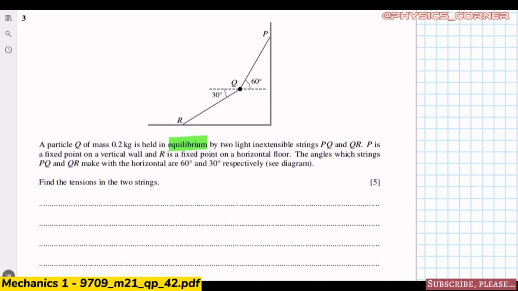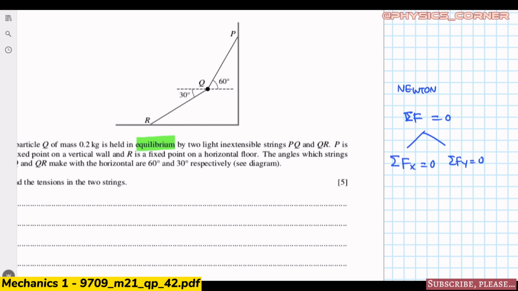Newton's first law is total force equals zero, on the x equals 0, and also on the y equals 0 too.